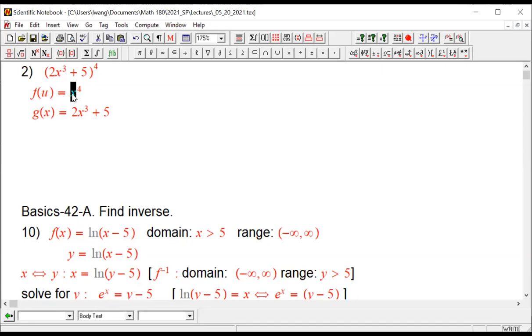But you can use X, because conventionally we use X, but it doesn't really matter, right? So that's how you find F and G. And you should verify. I always encourage you guys to verify.